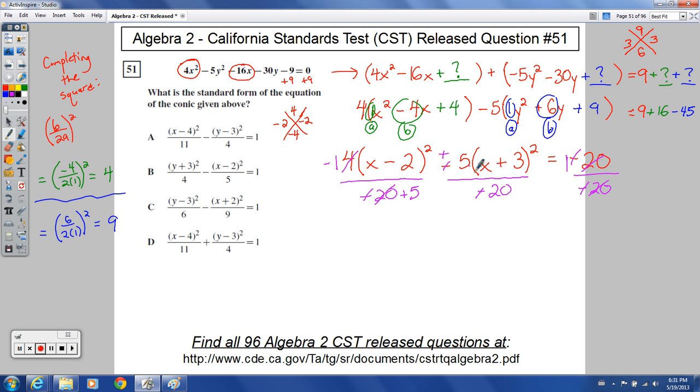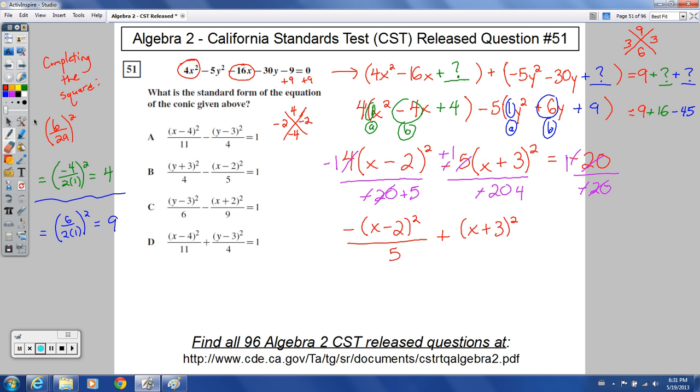This will become a plus, and then 5 into both of these would give me a 1 here, and it would give me a 4 over here. So let's make sense of what we have left. So I have negative x minus 2 squared over 5, and I've got plus x plus 3 squared.